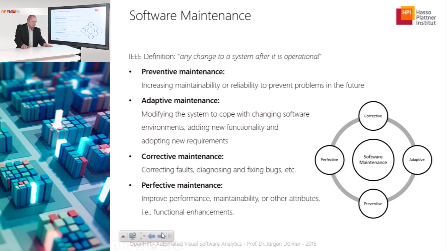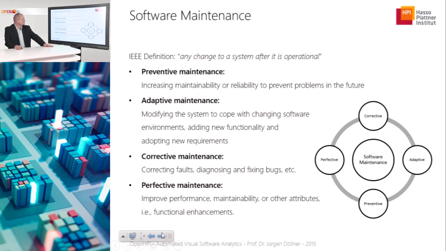Maintenance can be differentiated according to different goals, to different objectives that are behind maintenance activities. One key direction of maintenance is called preventive maintenance. That means increasing the maintainability or reliability to prevent problems in the future. Maybe problems that did not already occur, but they are likely to occur.